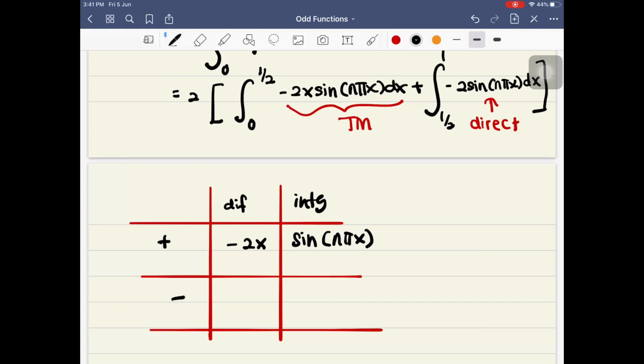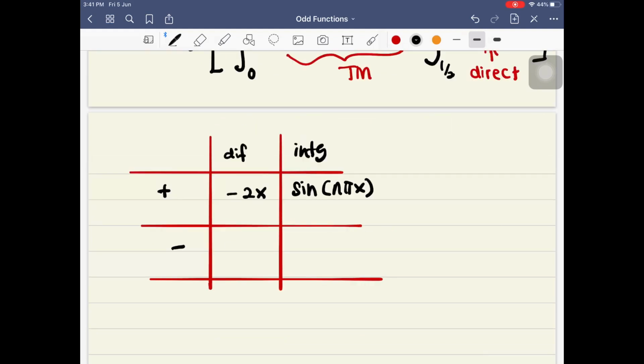Okay, so differentiate negative 2x will give you negative 2. So integrate sine will give you negative cos n pi x over n pi. So the last one is differentiate negative 2, you get 0. So again, when you integrate cos, you will have sine, so negative is still here.